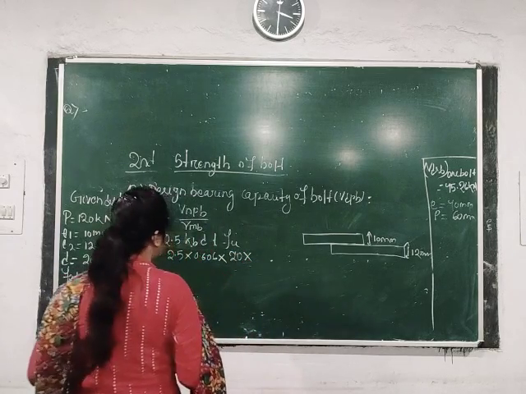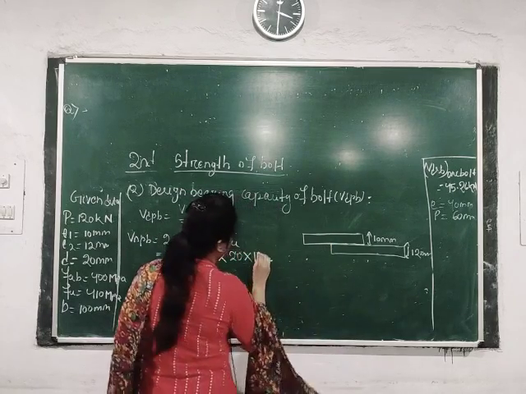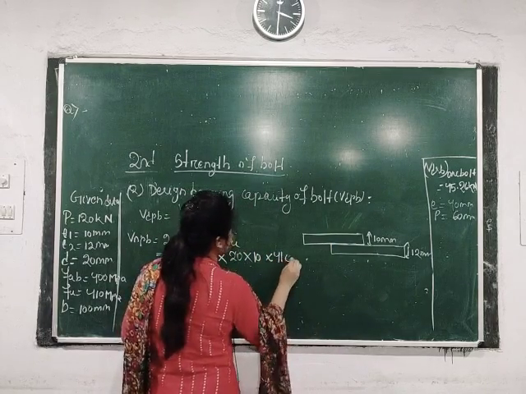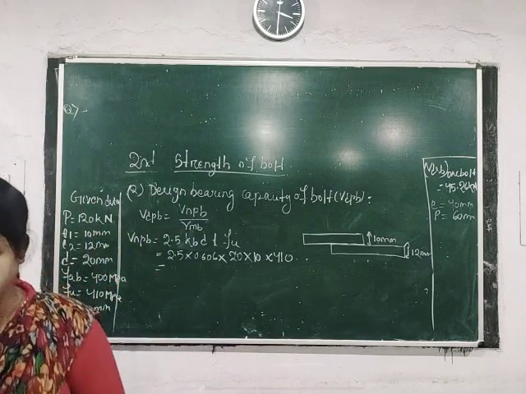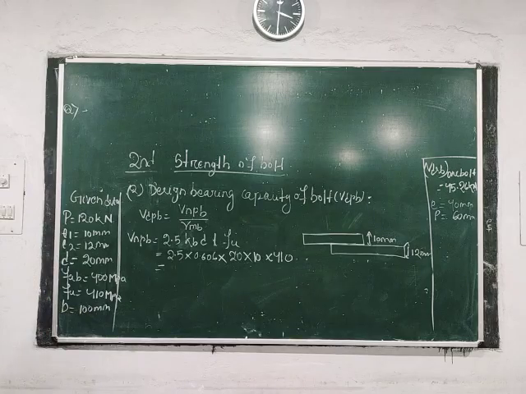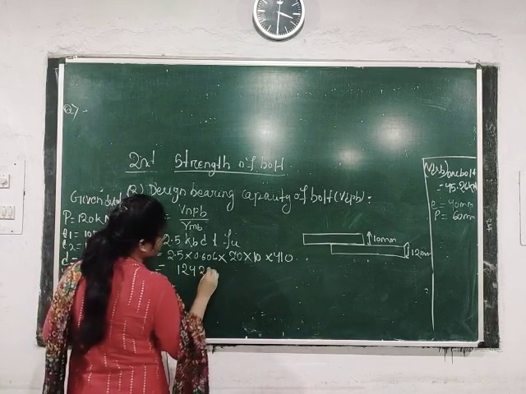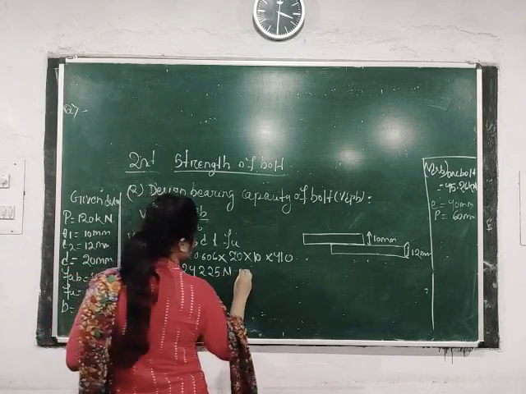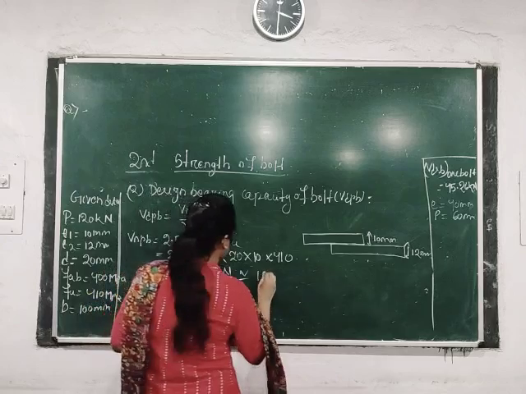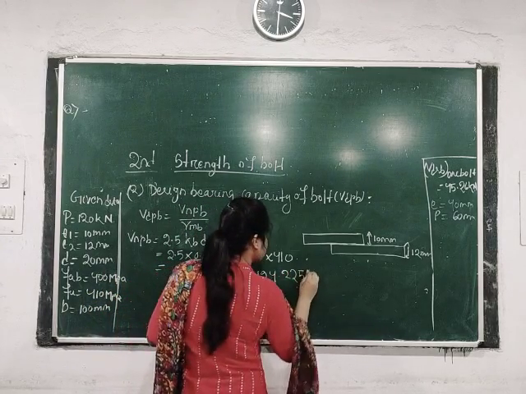Then the thickness of plate, we will take the thickness of the thinner plate, so 10 mm, then 410. Okay, so the nominal bearing capacity of bolt is coming 124.225 Newton, and you can write this value in kilonewton also, 124.225 kilonewton.